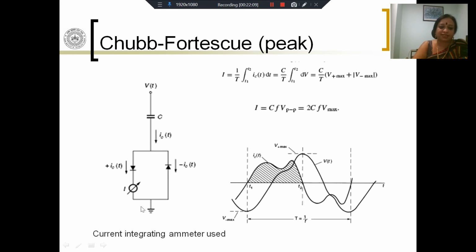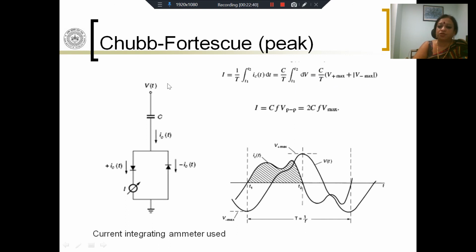In any of the branches, you use a current integrating ammeter. The current integrating ammeter will be able to measure a current I, which is equal to 1/T times the integral from T1 to T2 of IC(t) dt, T1 being the zero crossing, let's say, and T2 the next zero crossing. This can be written as C/T times the integral from T1 to T2 of dV, which is nothing but C/T times (V plus max plus V minus max).